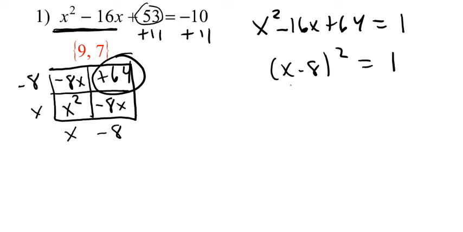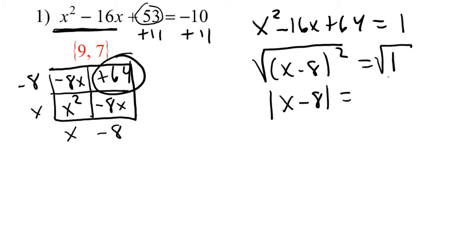All right, so now this is a perfect square, and because it's a perfect square, I can take the square root of this side and I can take the square root of this side. Remember, the absolute value of x minus 8 equals, what's the square root of 1?